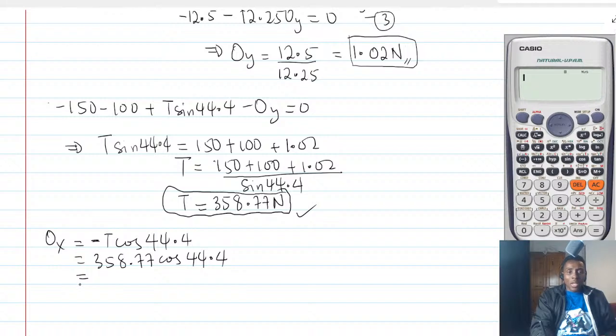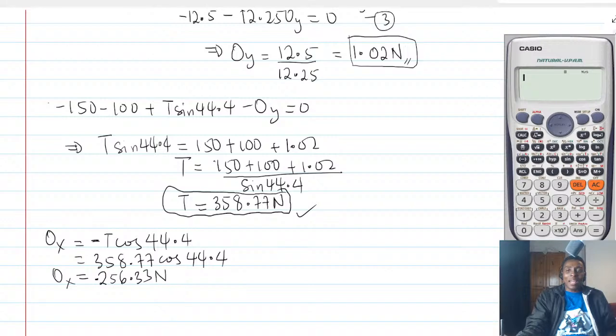So we are going to get 358.77 cosine 44.4, so 256.33. So minus 256.33.